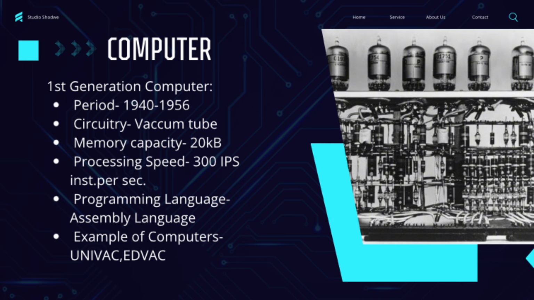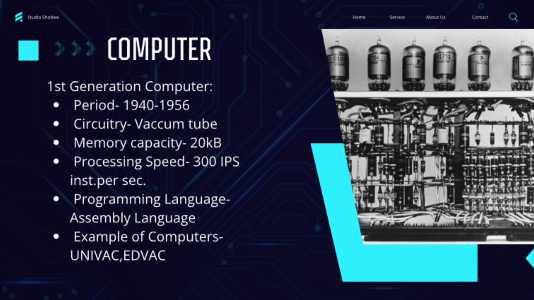In the period 1940 to 1956, the computer used vacuum tubes. As you can see in the pictures, that is the illustration of a vacuum tube. The memory capacity is 20 KB, the processing speed is 300 IPS, and the programming language is assembly language.